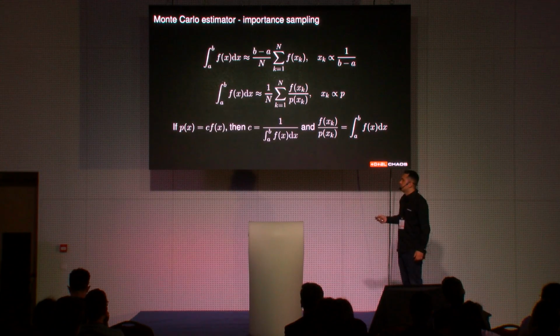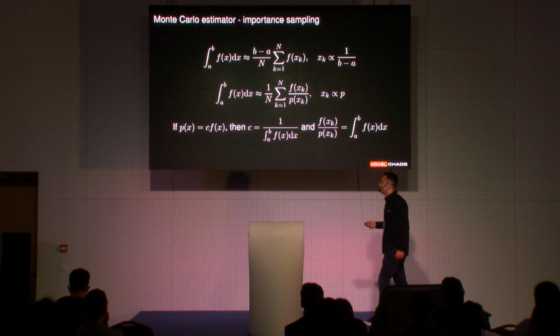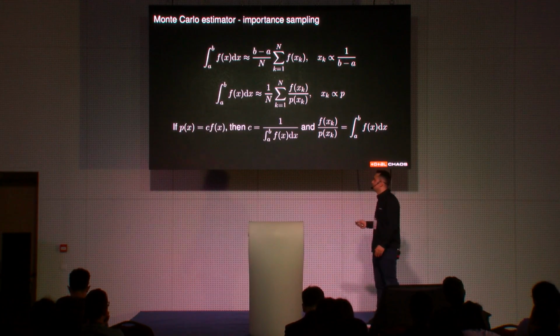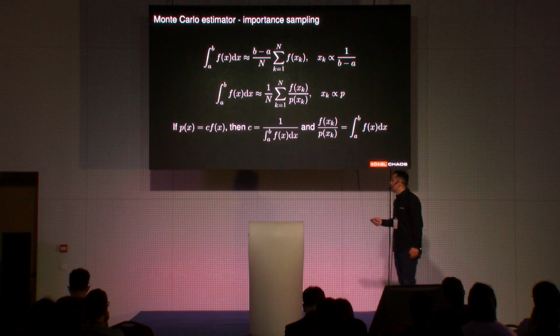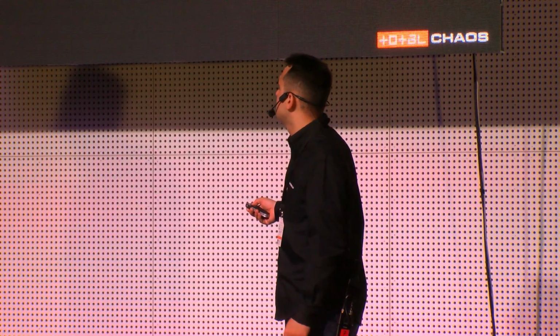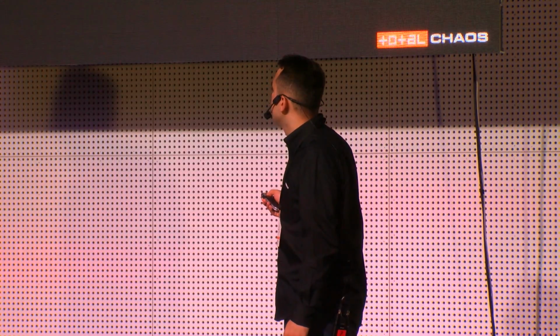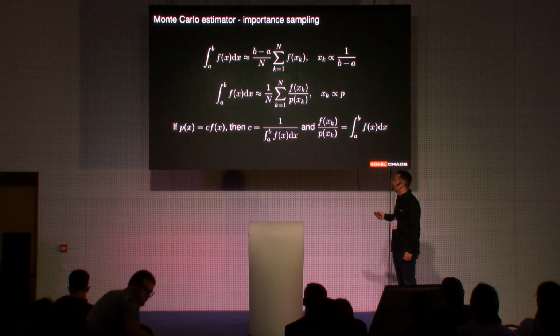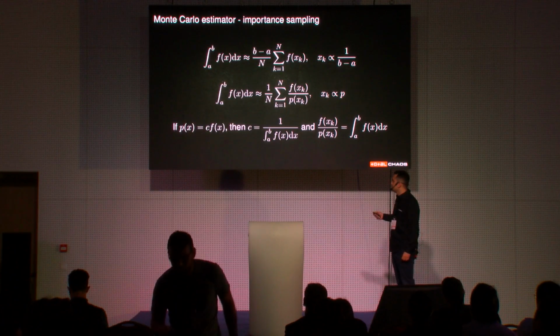the best case, when P is directly proportional with some proportionality constant C to F, what happens is that P is a probability density. It must be normalized. So when we normalize it, we find that C is 1 over the integral that we are trying to compute.